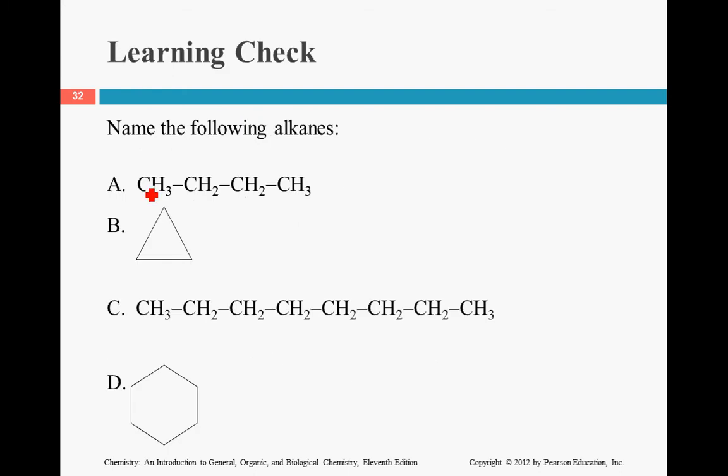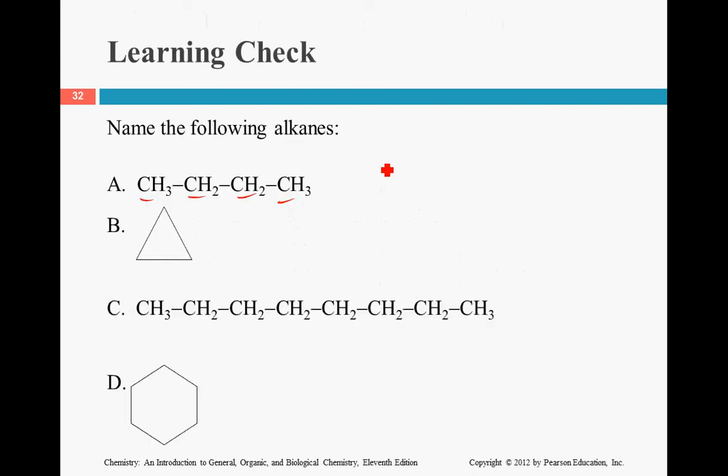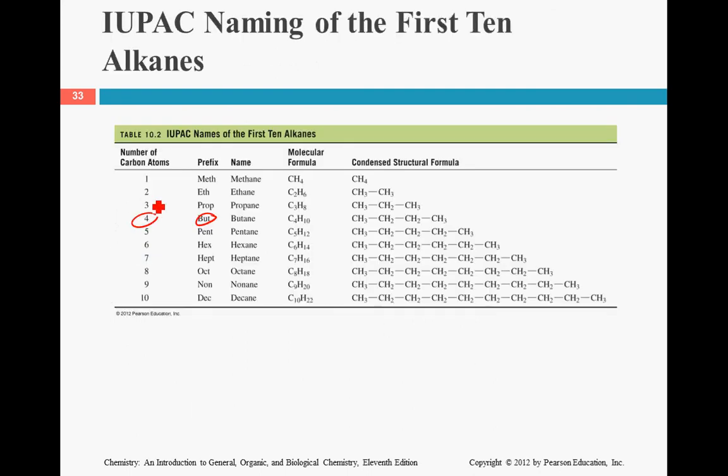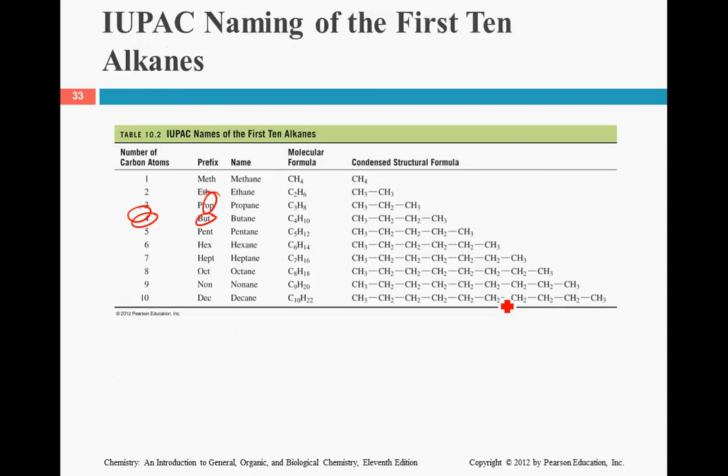So let's name these. 1, 2, 3, 4. If we look over here, 4 is bute. They're all single bonds, so it becomes butane. 1, 2, 3. 3 is prop. So that becomes propane. But because it's all in a circle, it's cyclo. 1, 2, 3, 4, 5, 6, 7, 8. 8 is oct.